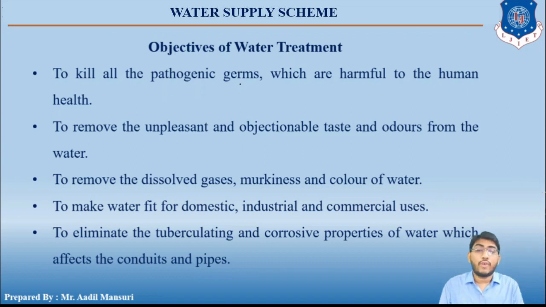These components of iron have corrosive properties, and that may lead to corrosion of the conduits. So we should take care that all the corrosive properties and tuberculative properties are removed while the water is transferred or supplied with the help of conduits. So these are the different objectives of water treatment.